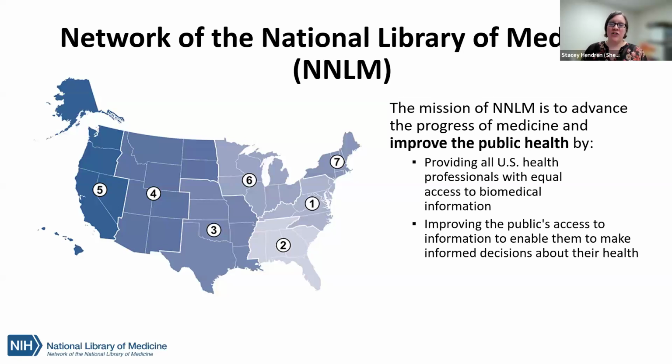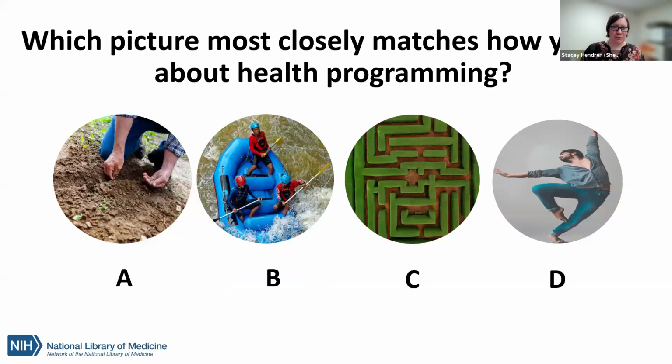At NNLM, our mission is to provide equal access to biomedical information to health professionals, as well as access to quality health information for the general public, so they're better able to make informed decisions about their health. We do this through resources on our website, funding for projects, in-person trainings, and webinars, just like this one. And by partnering with great organizations to support health information access in their communities, in our communities.